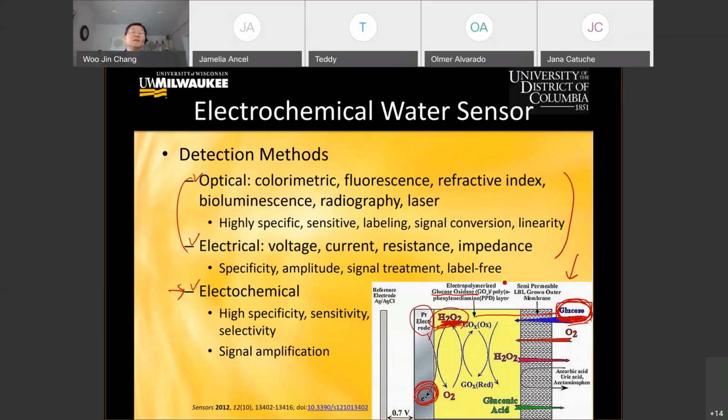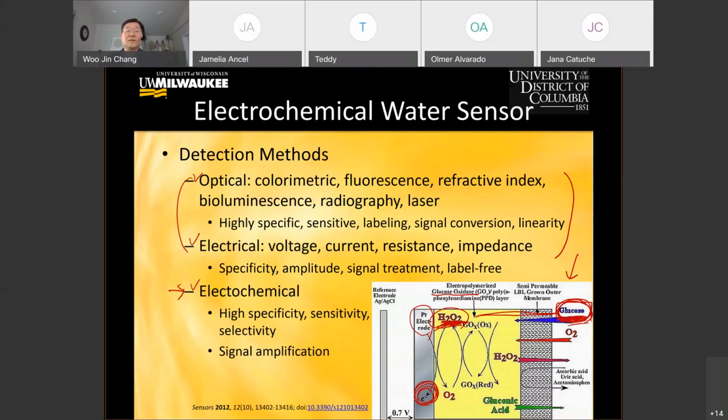So basically in this electrochemical system to detect glucose, we use the enzyme reaction, which is a bioreaction, to obtain the amount of electrons, and that electron amount is correlated to the amount of glucose in the sample solution.